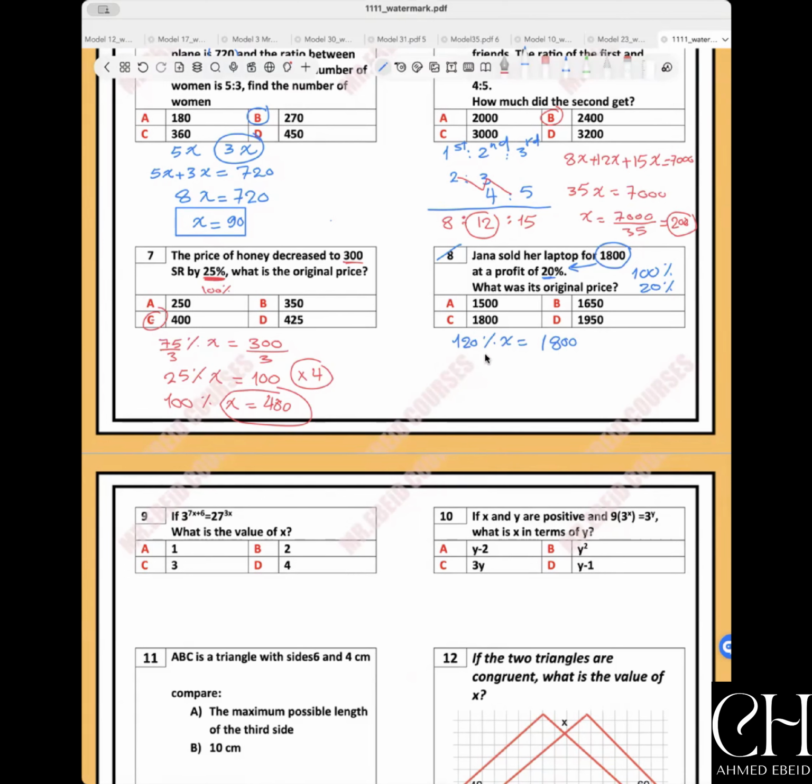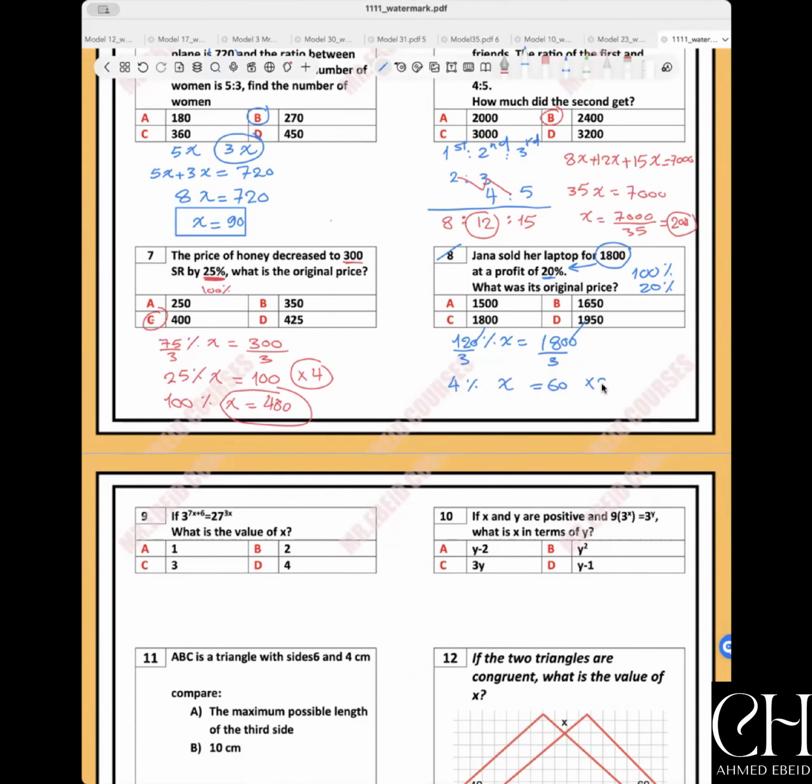Now, how can we find the original price, or the value of x? First, you can simplify. You can divide both sides by 10. Then divide by 3 and divide by 3. 12 divided by 3 is 4% of x, equals 18 divided by 3, which is 6, and write down 0.